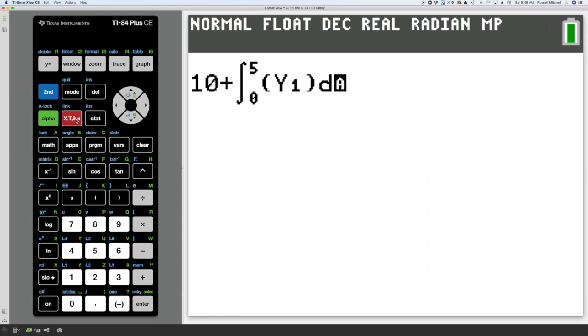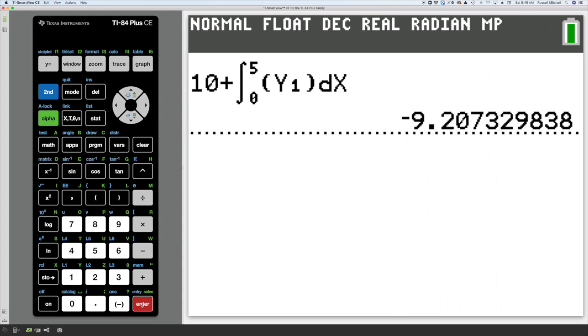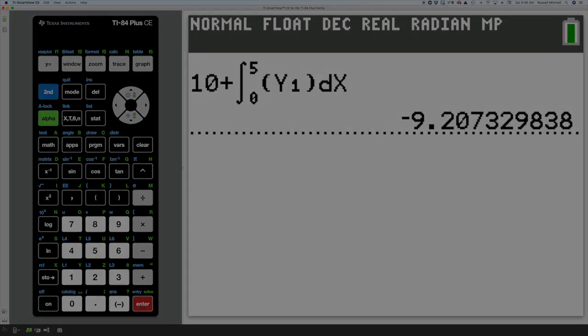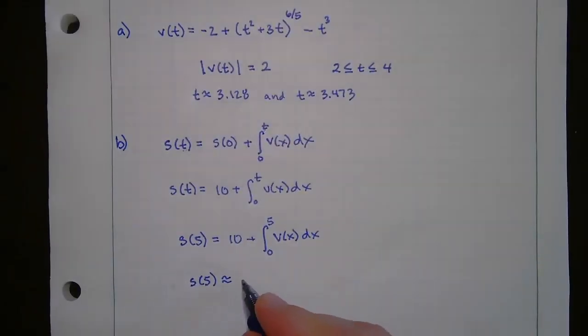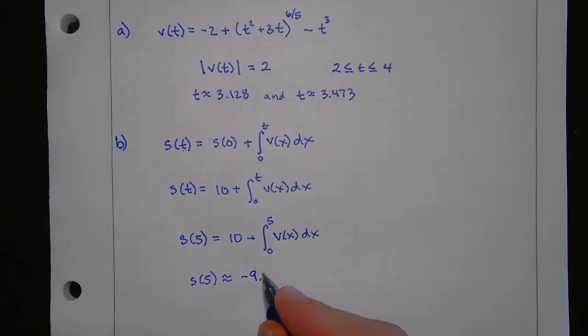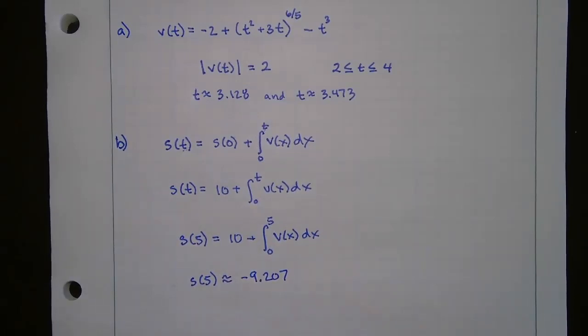And then at x, and we press enter, and we get negative 9.207. So we'll go back and record that, and that's the position of the particle at t equals 5. Okay? All right, let's go back to our paper and we'll record. So this came out to be negative 9.207 from our calculator. And that's it for that one.